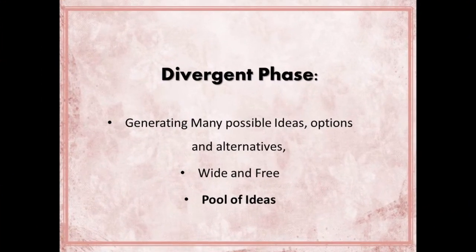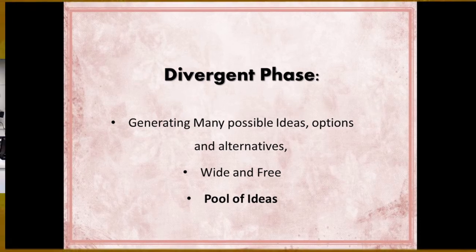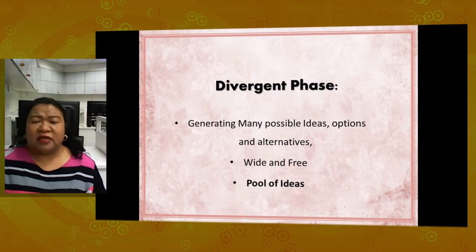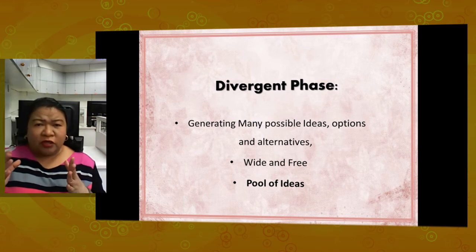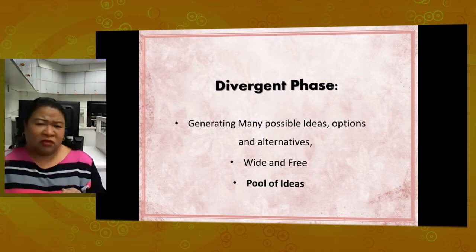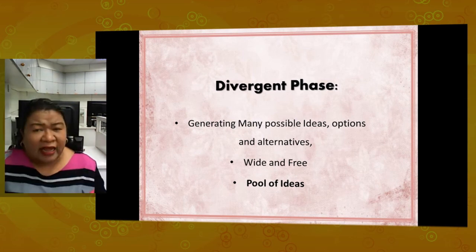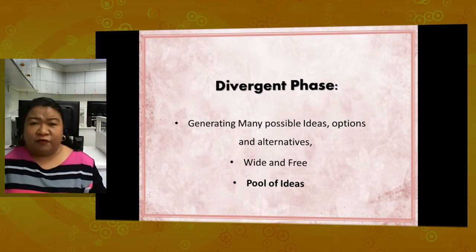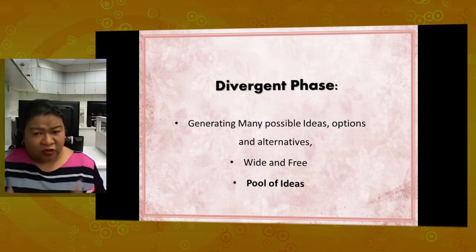When we say divergent, there is a part in problem solving where you generate many possible ideas, options, and alternatives. So this is where fluency and flexibility will come in, because you just generate. You don't censor it. You don't say, oh, that's not a good idea. You just let all ideas flow, and you consider all of them.